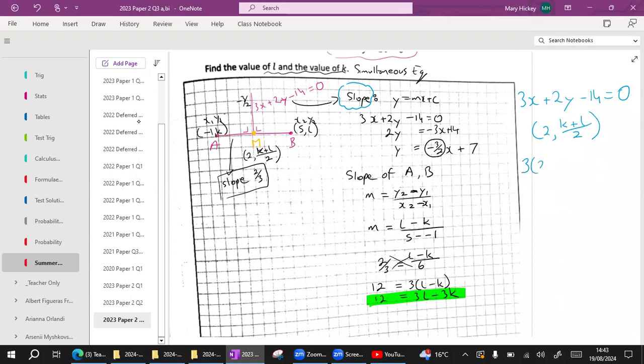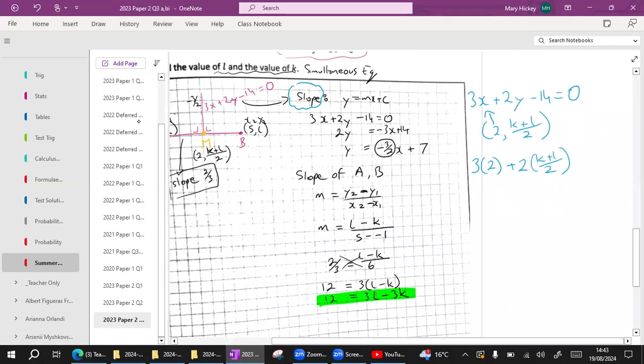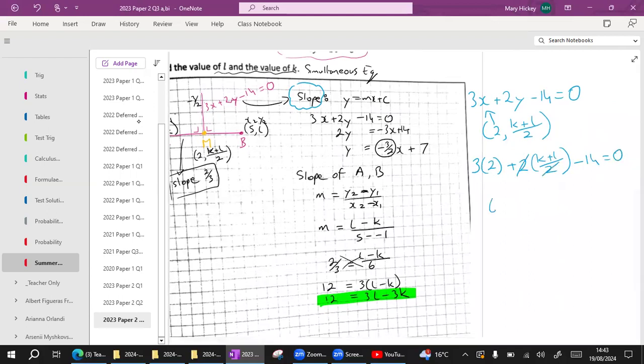So in the place of x, I'm putting in the 2. In the place of y, I'm going to put in my (k plus L) over 2. And then that's minus 14 equals 0. Now this works out well because the 2's will cancel. So I'm left with 6 plus k plus L minus 14 equals 0.